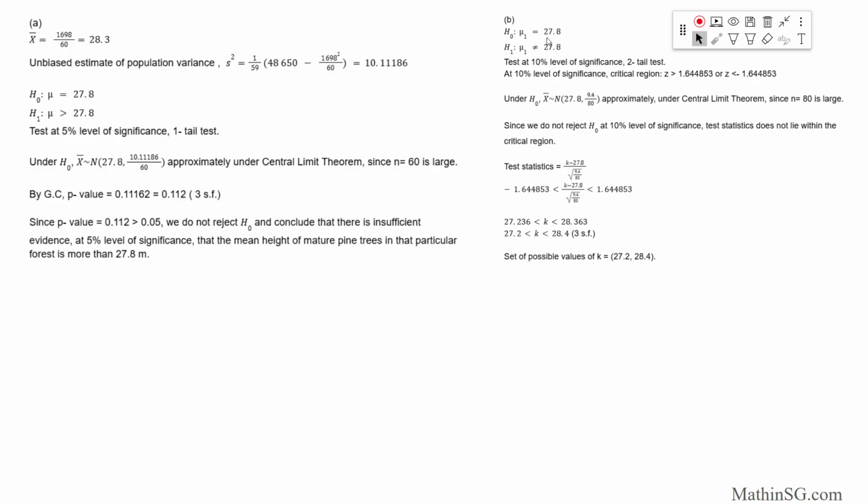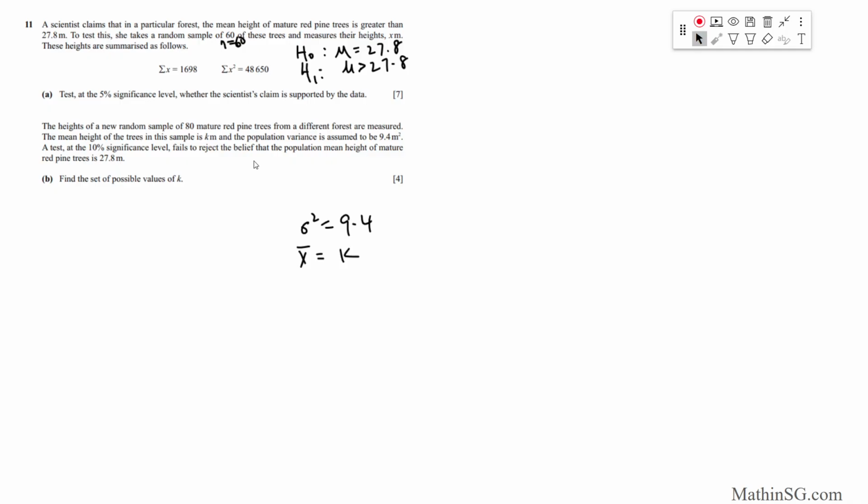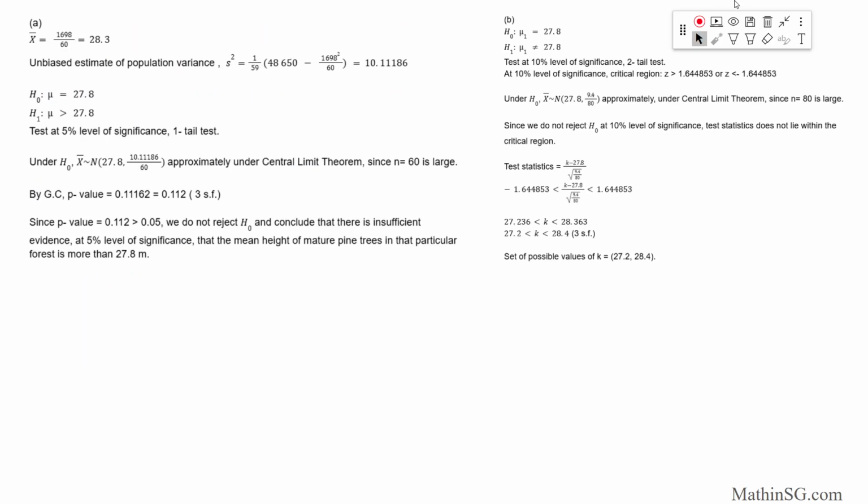Again, we are going to test mu equals 27.8 against mu not equals 27.8. Because they say the mean height is 27.8, they didn't say greater than or lesser than, so it's just not equals to, so it's a two-tailed test.